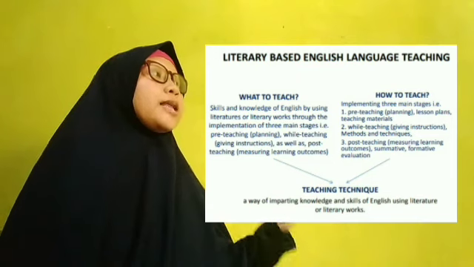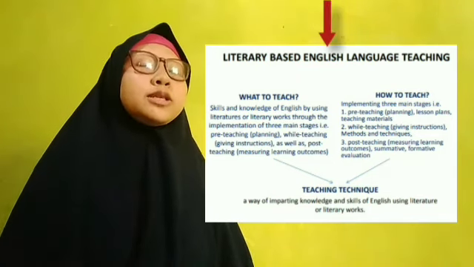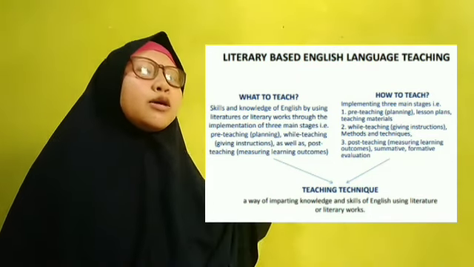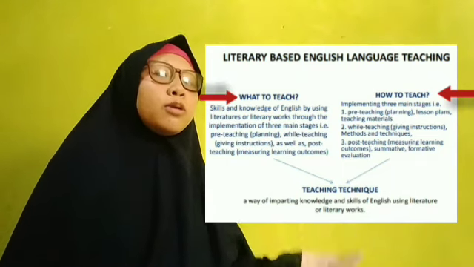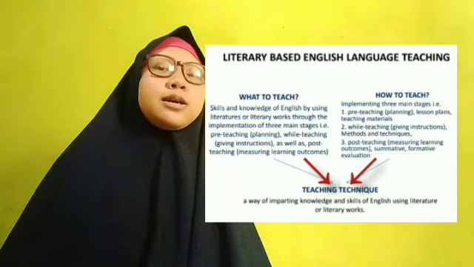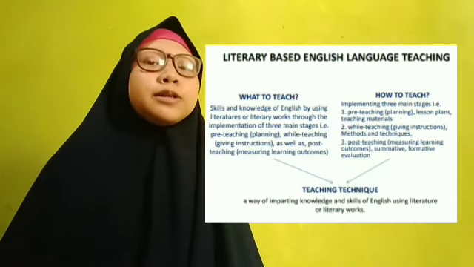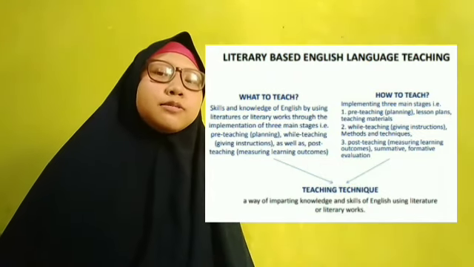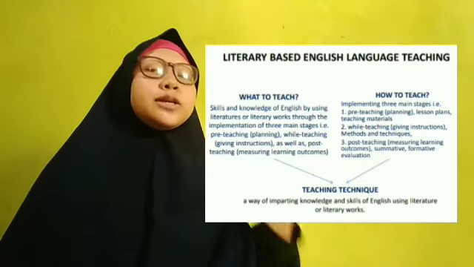Let's see the following figure. In this figure, literary-based English language teaching is about how to teach and what to teach. Result: teaching technique. Teaching technique is a way of imparting knowledge and skills of English by using literature or literary works.